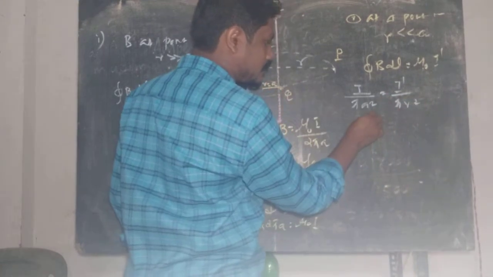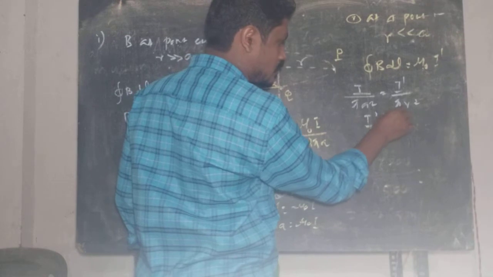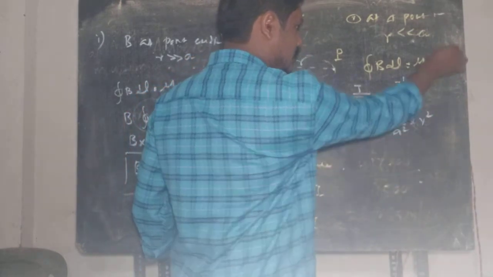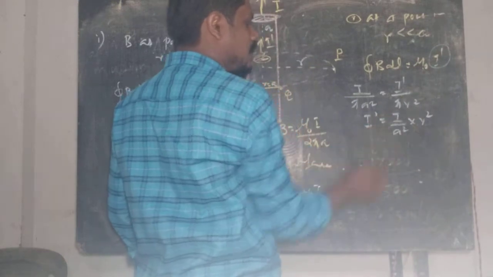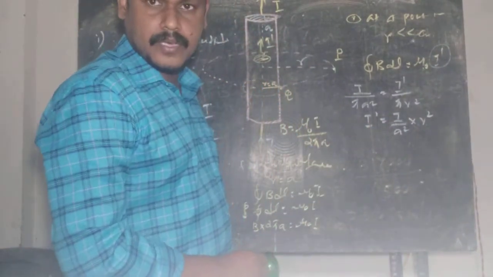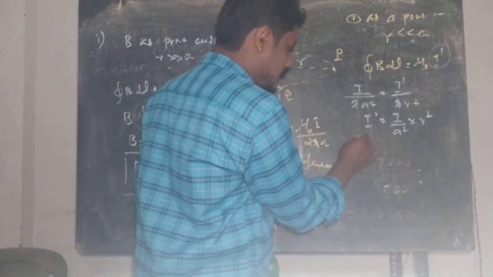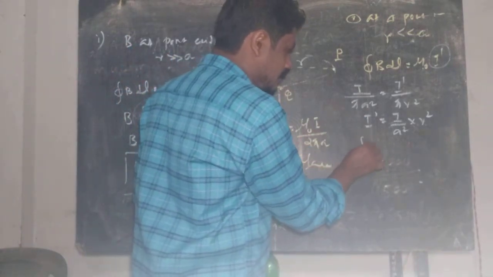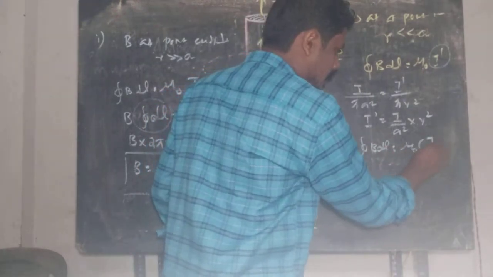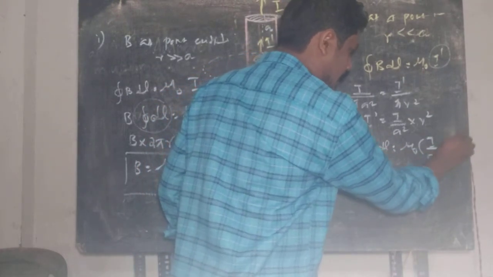So we are writing I dash equal to I by a square into r square. This I dash in terms of I can be written as I by a square into r square, right?